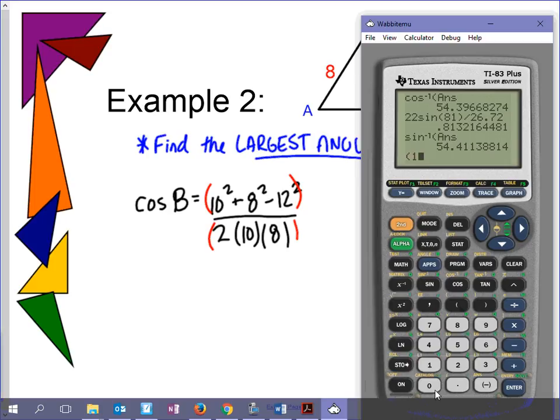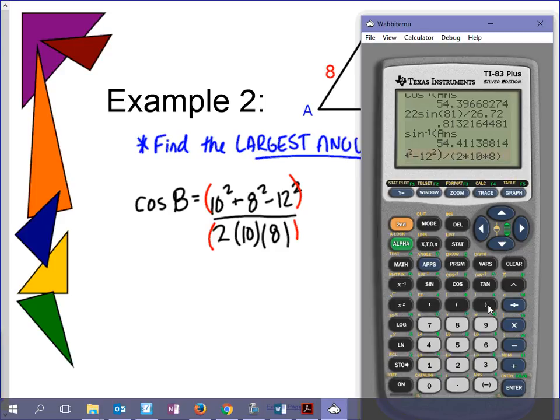So I'm going to do parentheses, 10 squared plus 8 squared minus 12 squared. Close my parentheses there, divide by, and then in that multiplication I have to include that in parentheses as well, 2 times 10 times 8.